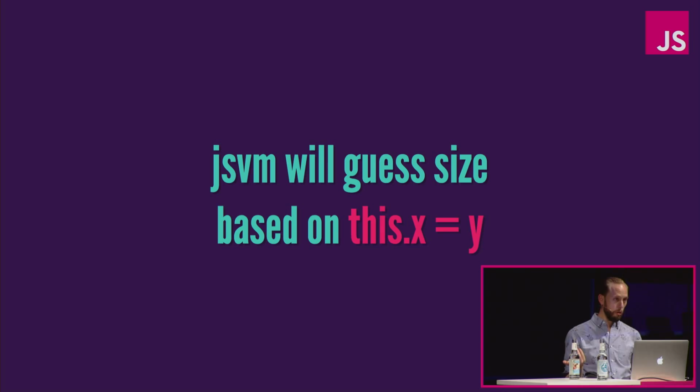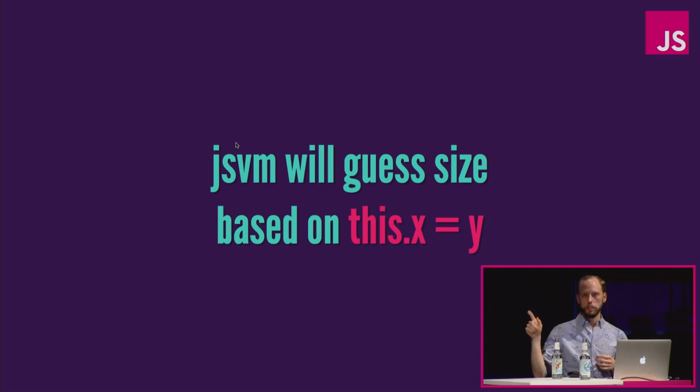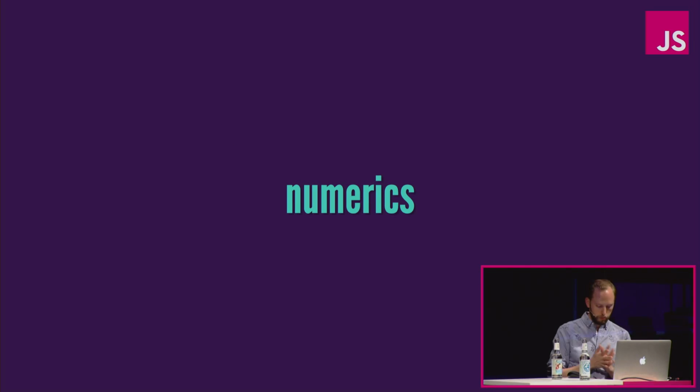But the problem is you learn that JavaScript VMs might guess the size of your object based on how often they see this.x equals y, not a local variable. So you're back to square one, because the JavaScript VMs make a best guess. And that's like a counter example of what you can do.